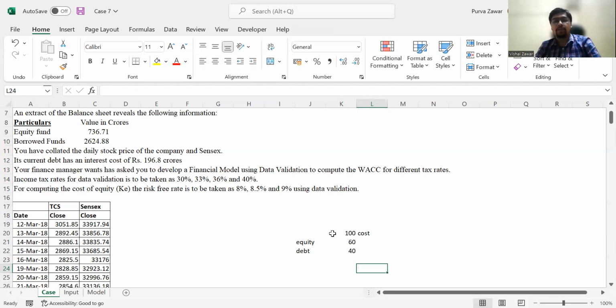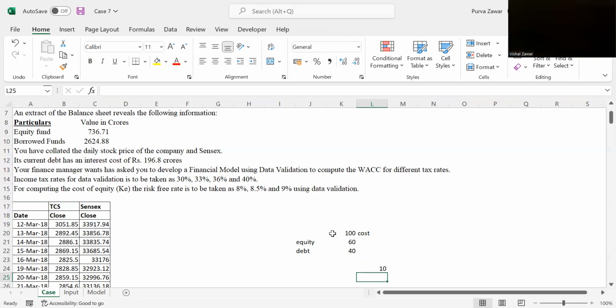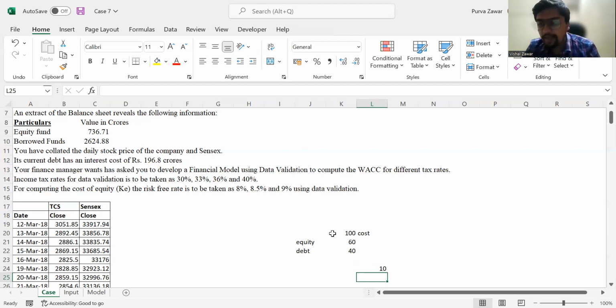Again, I repeat, if I give 10 rupees of interest, this 10 rupees becomes my cost. My income will reduce by 10 rupees, and because of that, your tax will also go down.